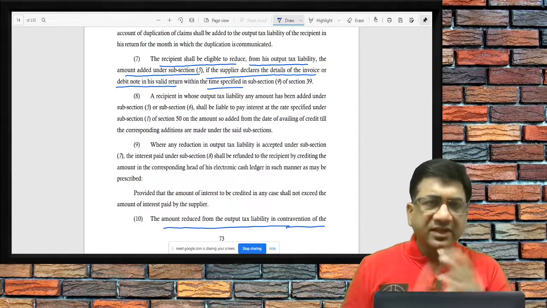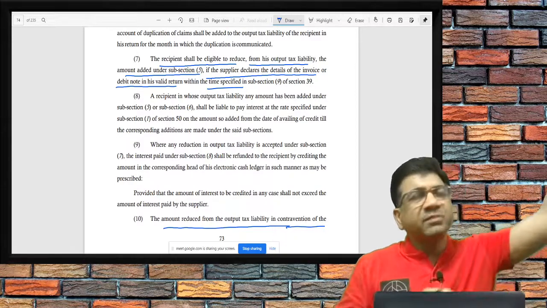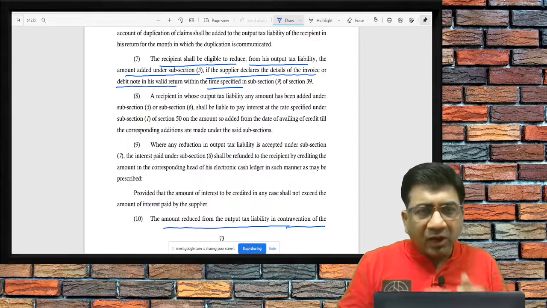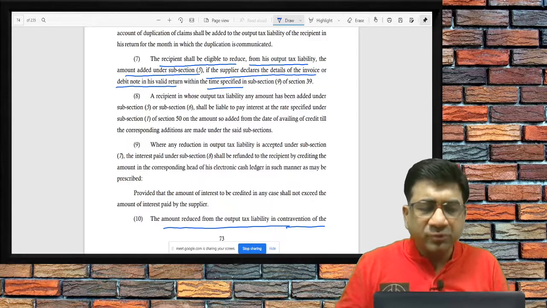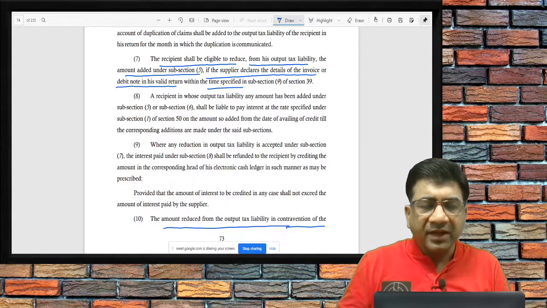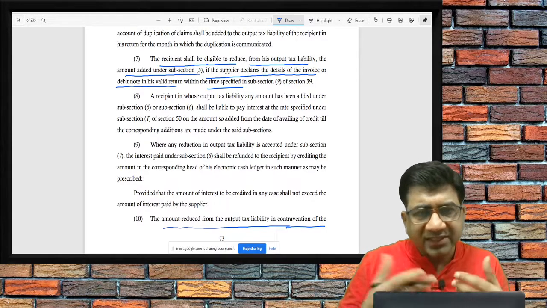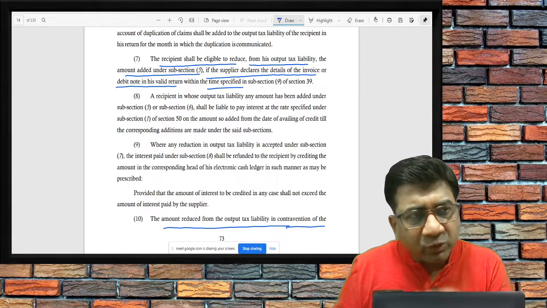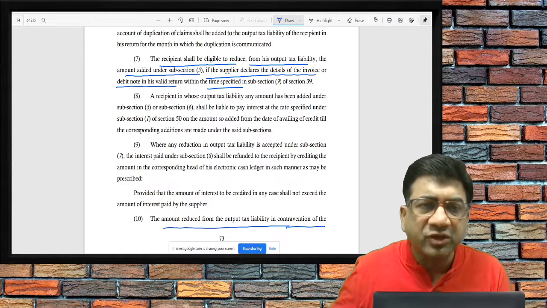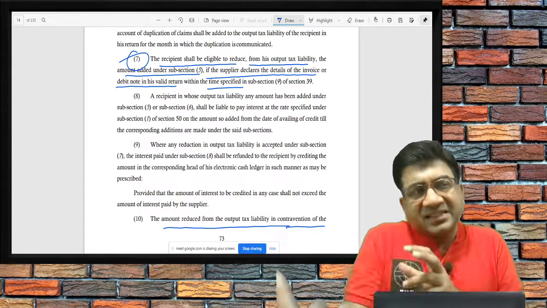He will reverse the credit. I will pay him 50,000. But the government has the money. So now if I have a sale of 3 lakhs, I'll reduce my output tax and make the sale at 2.5 lakhs, so that the excess 50,000 on which I've paid GST to the government is adjusted. But if I reduce my output tax in contravention of 7, that means I should have reduced my sales.